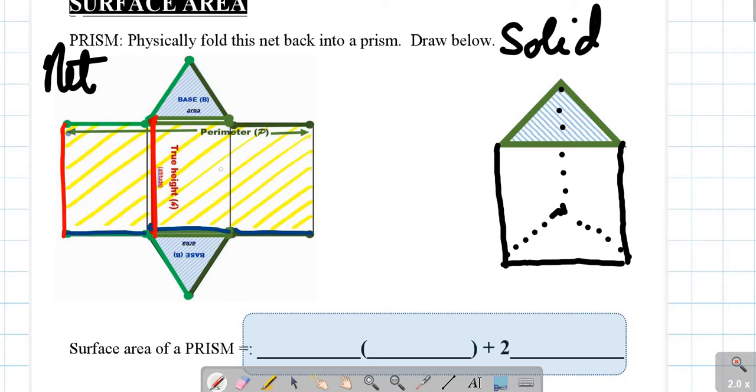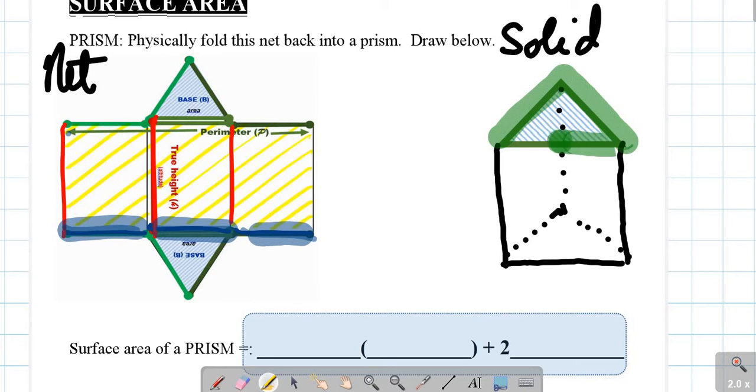This would be base times height. So if you look really carefully, every time I traced base, let me trace it right here. When you fold that back up, technically what you're tracing is the perimeter of the base.